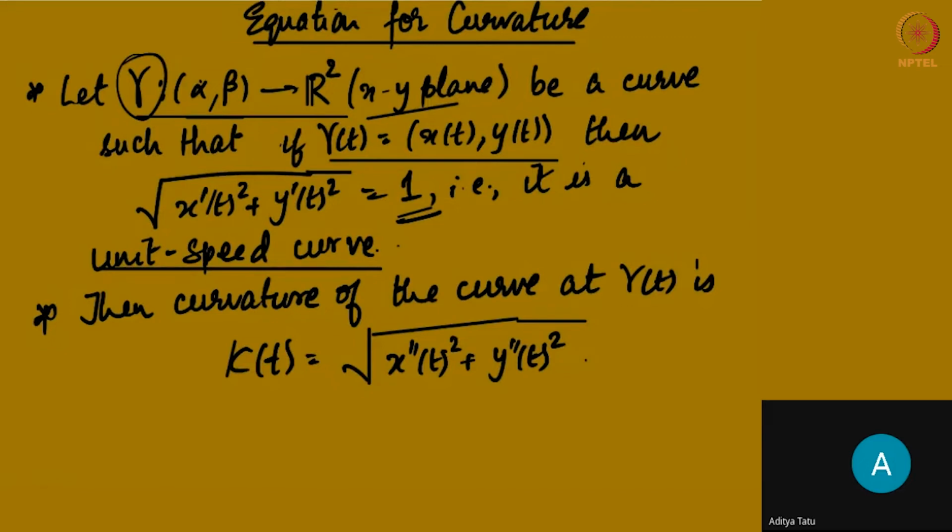Then this curve represented by gamma is called a unit speed curve, which means that if I compute the acceleration of gamma, the only source is the change in direction. And so for such unit speed curves, I can define the curvature as just the length of its acceleration vector.